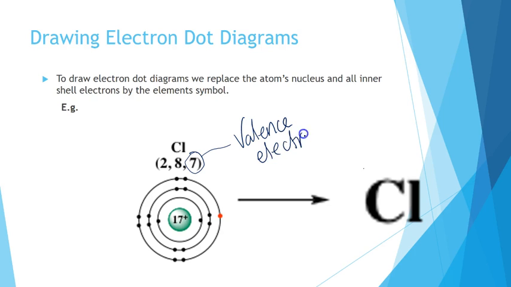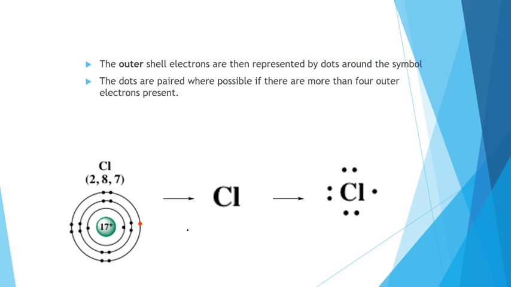It's the valence electrons that we're interested in, so everything else is scrapped and we just put Cl to show the idea that there are 17 protons and 10 electrons. Then we put our 7 valence electrons organized around our symbol. So our Lewis dot structure for this atom shows that it's chlorine and has 7 valence electrons.